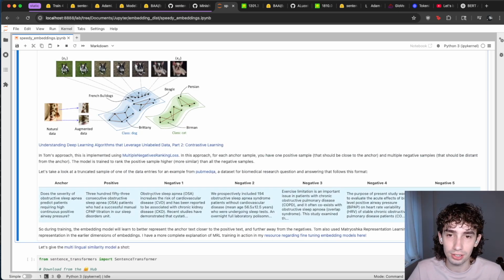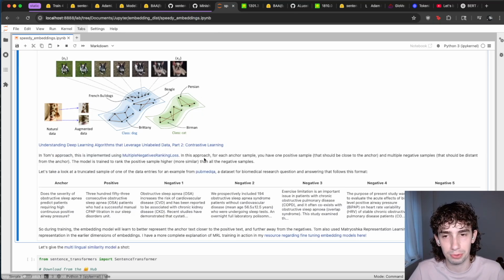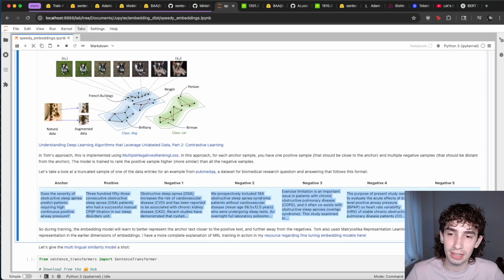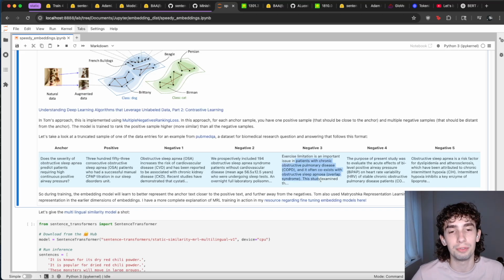This is a little bit easier to understand when looking at a data example. If you look at the original training code, which is in this blog, which I'll of course have linked down in the description below, Tom is using multiple negatives ranking loss, which essentially is going to include one anchor sample, one positive sample, and then multiple negative samples. So given the input of this anchor, as well as the positive and all of the negatives input into the model, we are going to nudge the model towards better positioning the anchor and the positive document together, while pushing away the representation in this high dimension space of these negatives here.